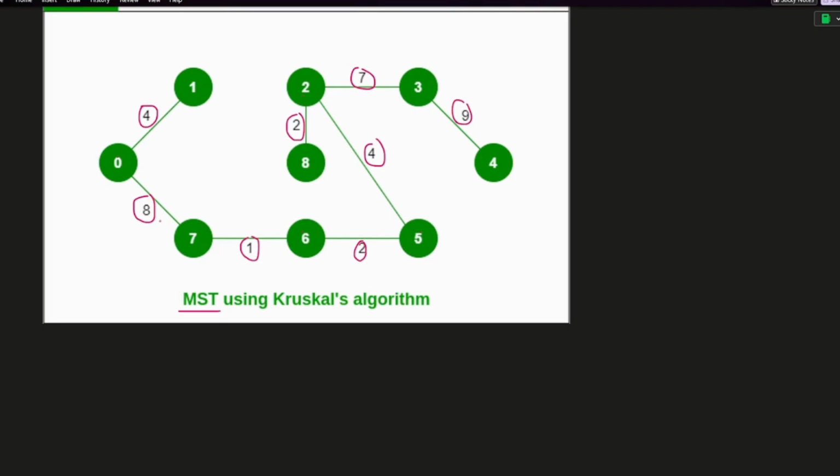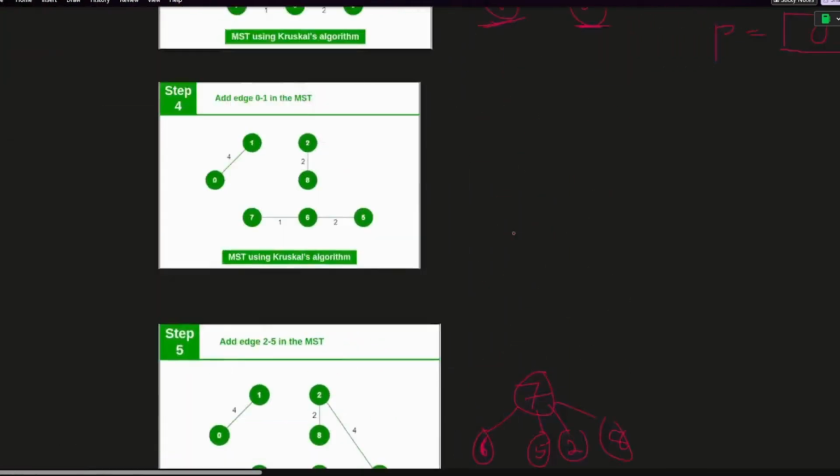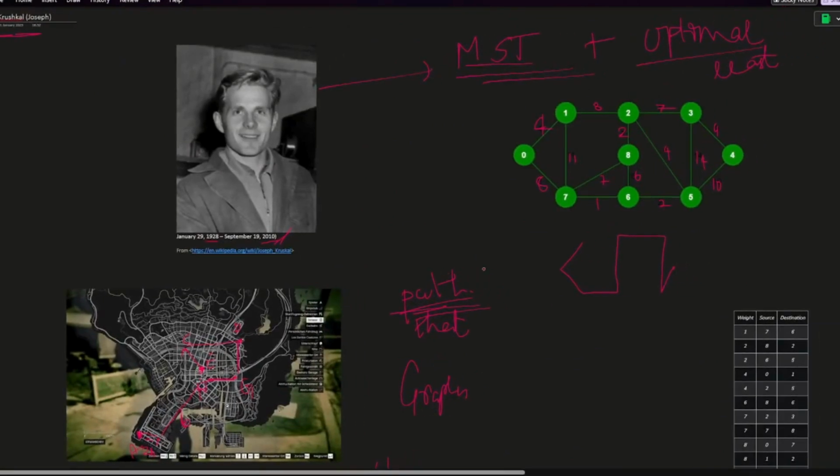Firstly, 4 plus 8 plus 1, which is 12, 13, 15, 19, 21, 28, and 29, 37. So that's your path sum, and this is the most optimal MST, which according to Kruskal's algorithm would be the answer. That's the most optimal approach that you could take.